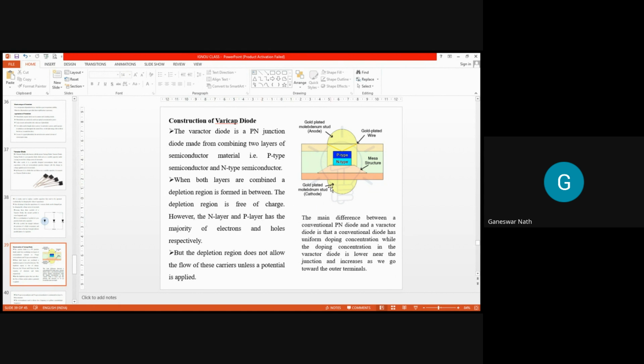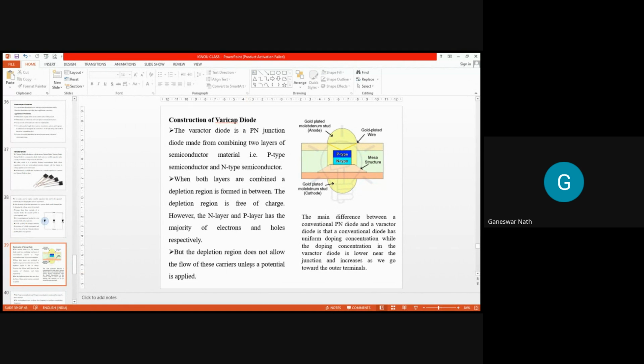There is no charge available, because however many positive charges there are, there is the same number of electrons, so when they recombine there are no charges. The depletion region does not allow the flow of these carriers unless a potential is applied.